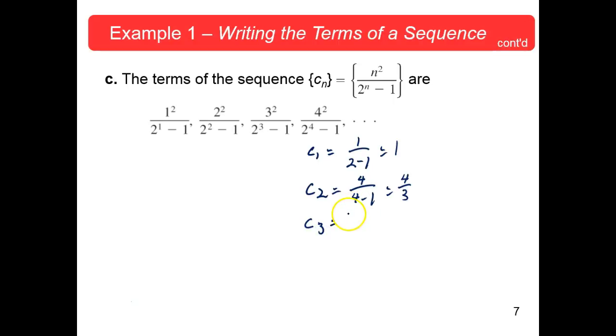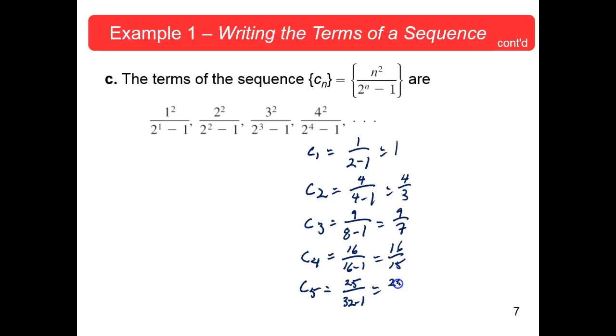C(3) would be 9 over 8 minus 1, which would be 9/7. C(4) would be 16 over 16 minus 1, which would be 16 over 15. C(5) would be 25 over 32 minus 1, which would be 25 over 31.